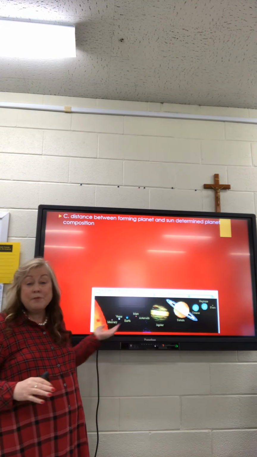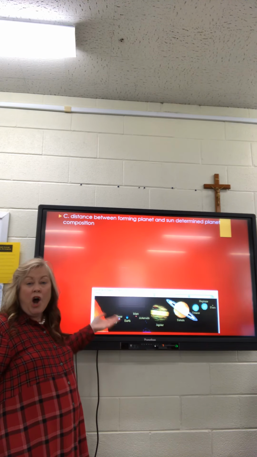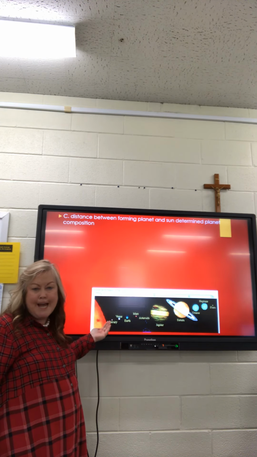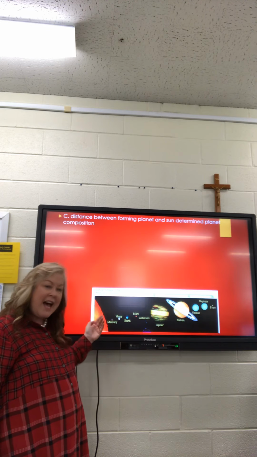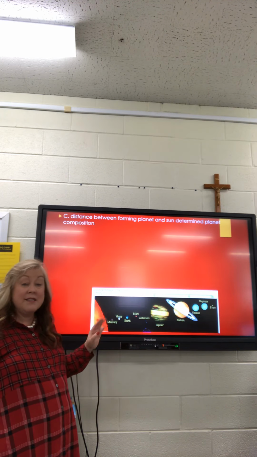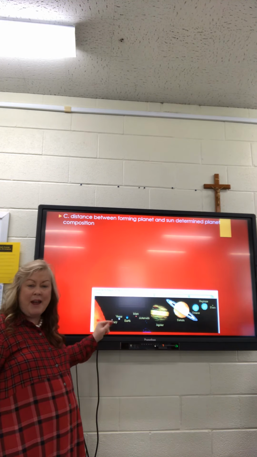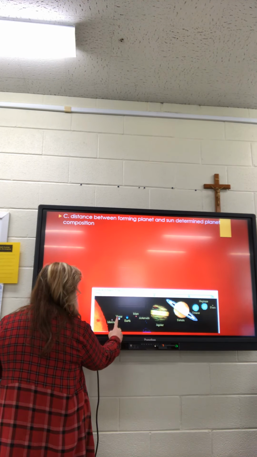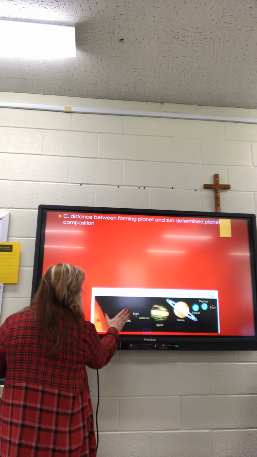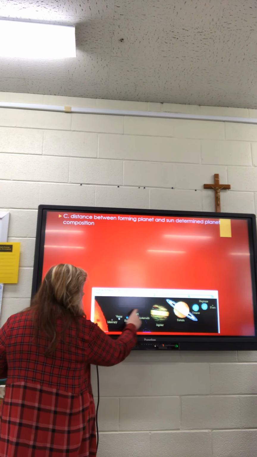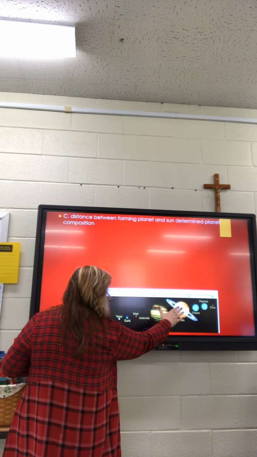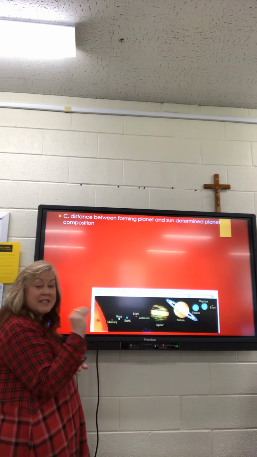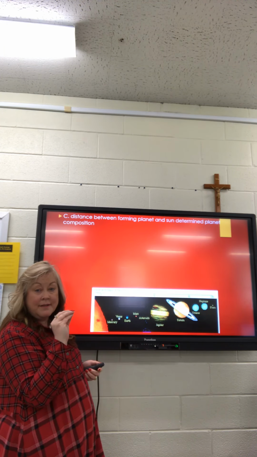And by that I mean these planets closer to the sun are heavy, dense planets. I didn't say that they were huge. I didn't say that they were small. I said that they were heavy and dense. These are your rocky planets. Your Mercury, your Venus, your Earth, and your Mars. These are rocky, dense planets. Jupiter, Saturn, Uranus, and Neptune. Those are great, big, gassy giants.